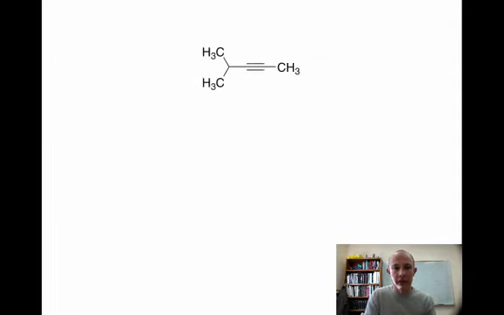Okay, let's do some more practice. Let's first think about how many peaks that we would see and where we would expect them to be before we move on. So notice that there is a mirror plane that bisects this molecule like this. So these two carbons will be chemically equivalent, so that would be 1 peak, 2, 3, 4.